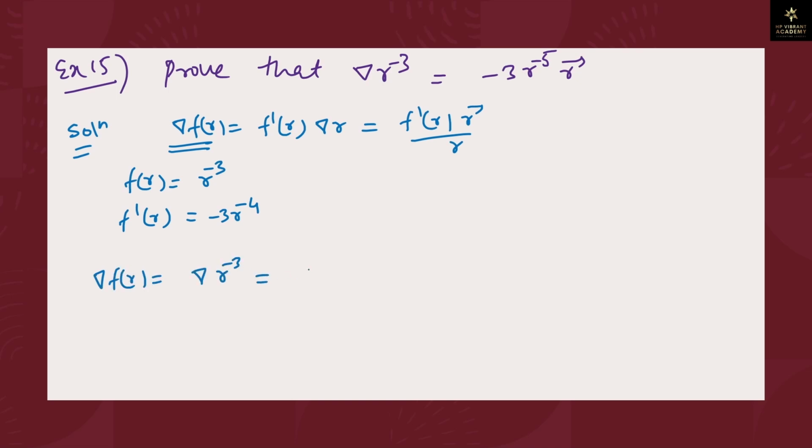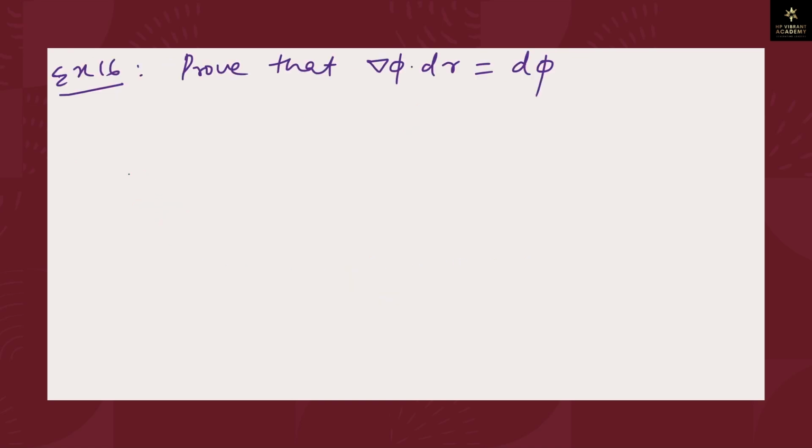This is equal to f dash r into del r, so this is f dash r into r vector upon r. f dash r का वैल्यू ये है. This is minus 3 r to the power minus 4 into r vector upon r. So this is equal to minus 3 r to the power minus 5 r vector. Let us discuss question number 16.